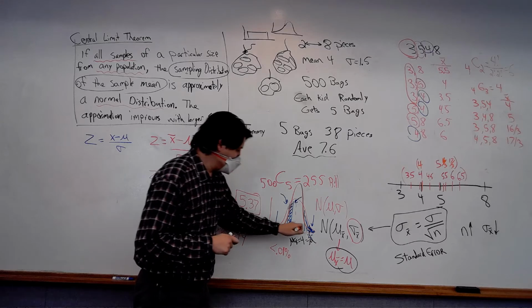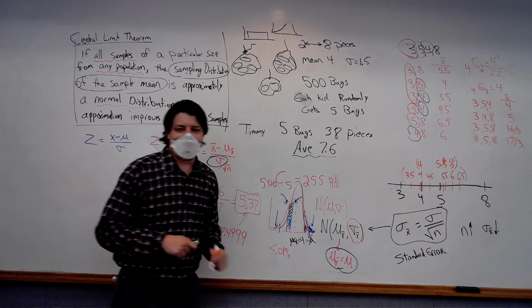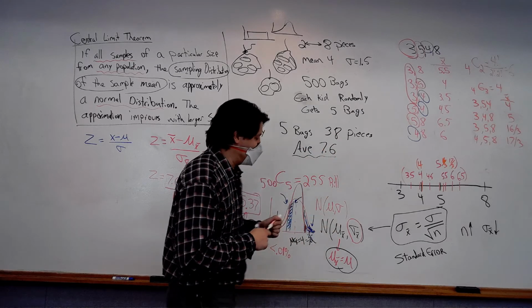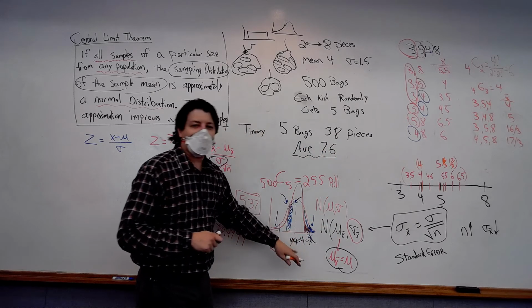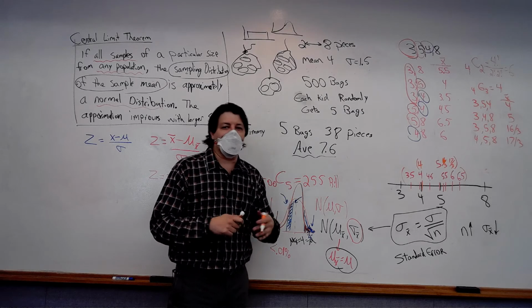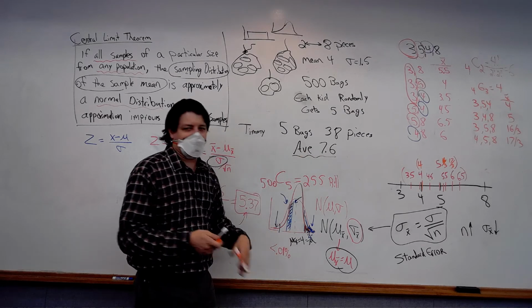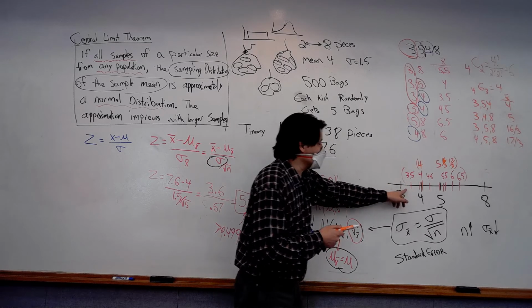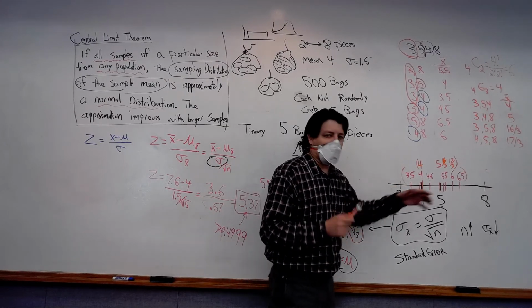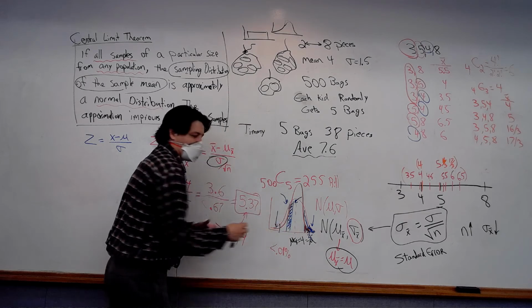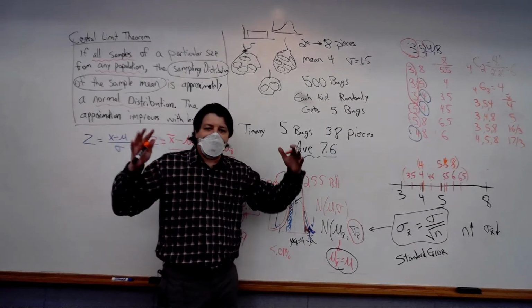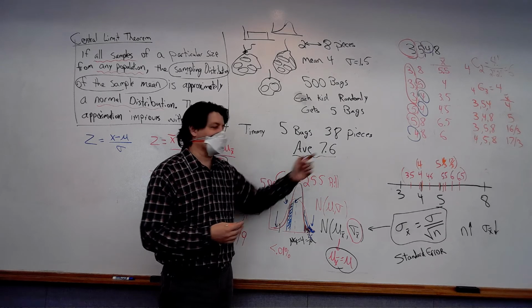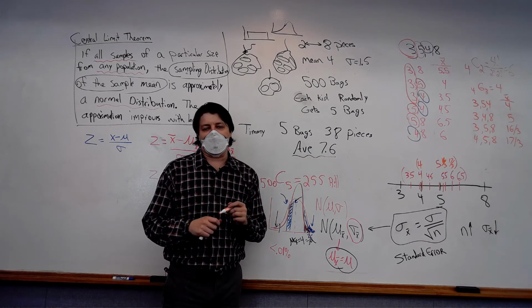Now if Timmy says, oh yeah, I got 10 bags and I still got an average of 7.6, we already thought he was lying, but now the likelihood that that's occurred has gotten even smaller. It's harder to get to the extreme ends when you have a larger sample. So when we increase the sample size from 5 to 10, it gets tighter, and extreme cases like an average of 7.6 are even less likely to occur by chance.